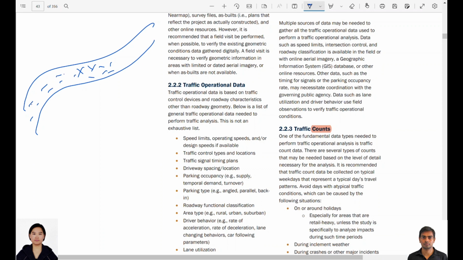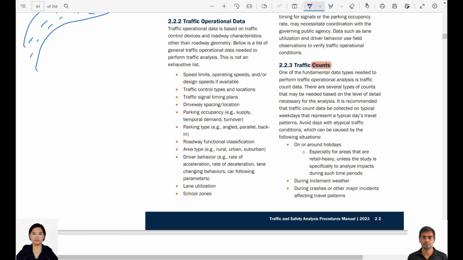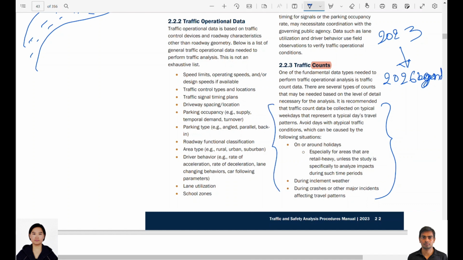So if we are working on a project in 2023, I would say we would follow this guideline, but ideally towards, let's say, 5 years down the line, by 2025 to 2026 and beyond, we would like to move away from these guidelines which look at a typical day, because a typical day depends on how typical it is.